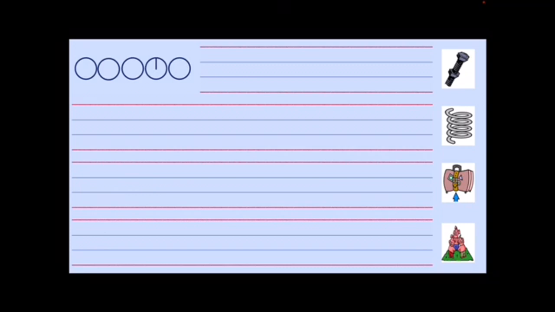Scrap. So let's write it. Scr is S-C-R. App. There.